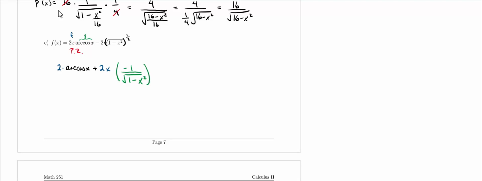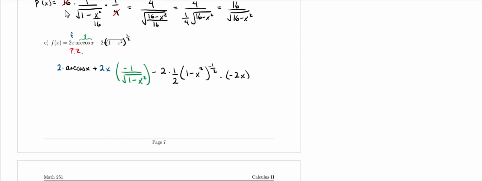So we're going to have here a minus 2 times the derivative of 1 minus x squared to the 1/2, which will give us times 1/2 times 1 minus x squared to the negative 1/2 times the derivative of the inside. Now the derivative of 1 minus x squared is going to be a negative 2x.